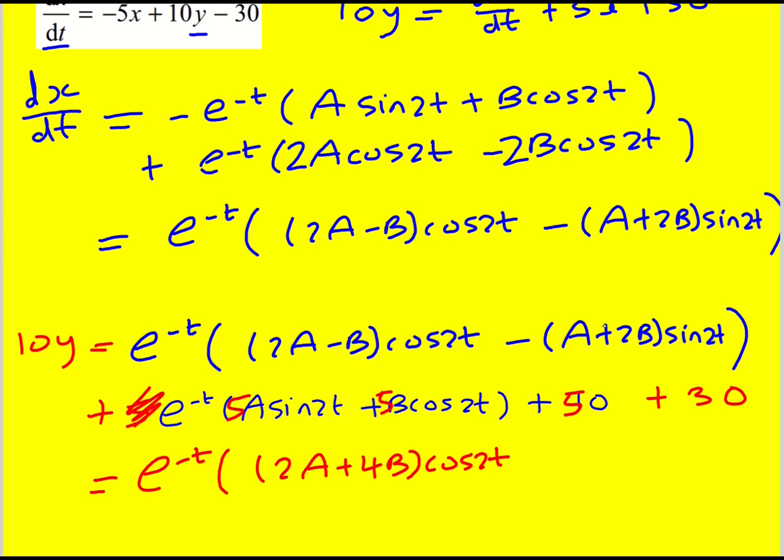And I've got minus a minus 2b sine 2t, but I'm adding 5a, so actually it will become plus 4a minus 2b sine 2t. Okay, when I did that originally, I actually made a mistake. It's so easy to accidentally combine the cosines with the sines, etc. And then I'm adding 80.